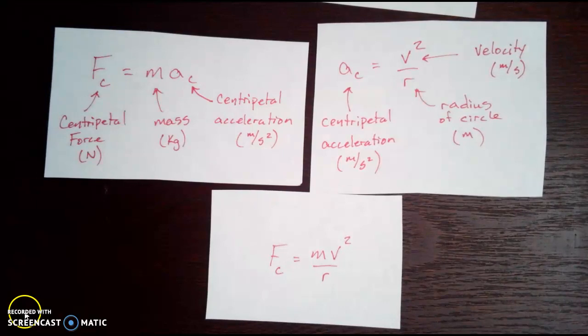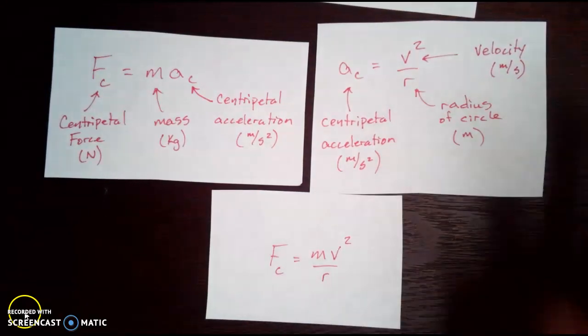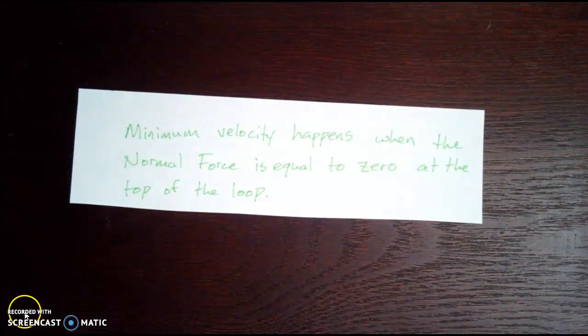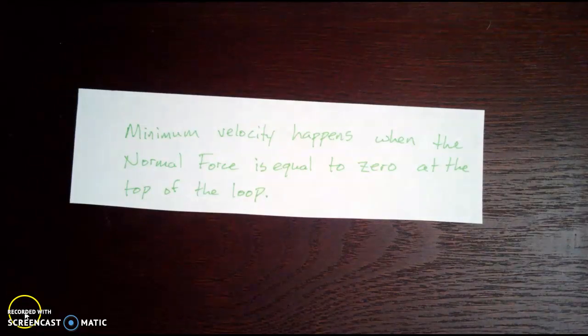Okay, so let's get these out of the way and let's get back to our question that we started with. And that is, what is the minimum velocity? What is the height that we need to get through a circle, a loop? We're looking for the minimum velocity when the normal force is equal to 0 at the top of the loop.